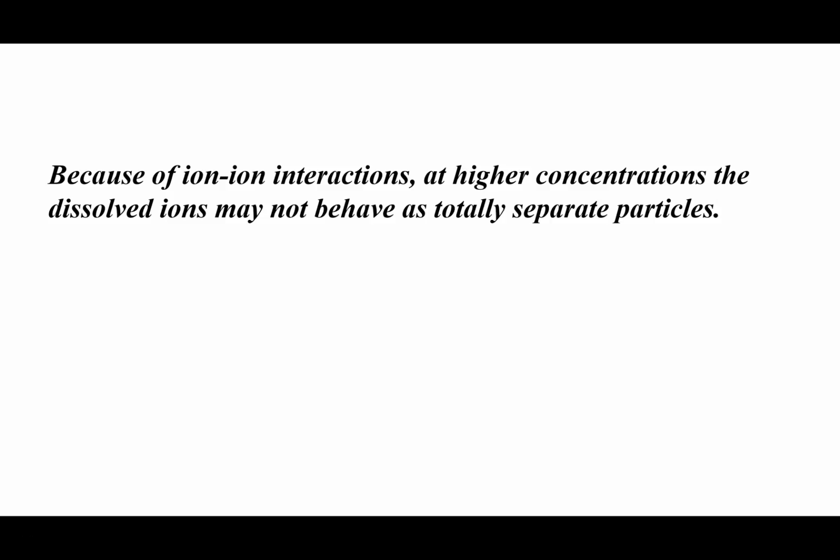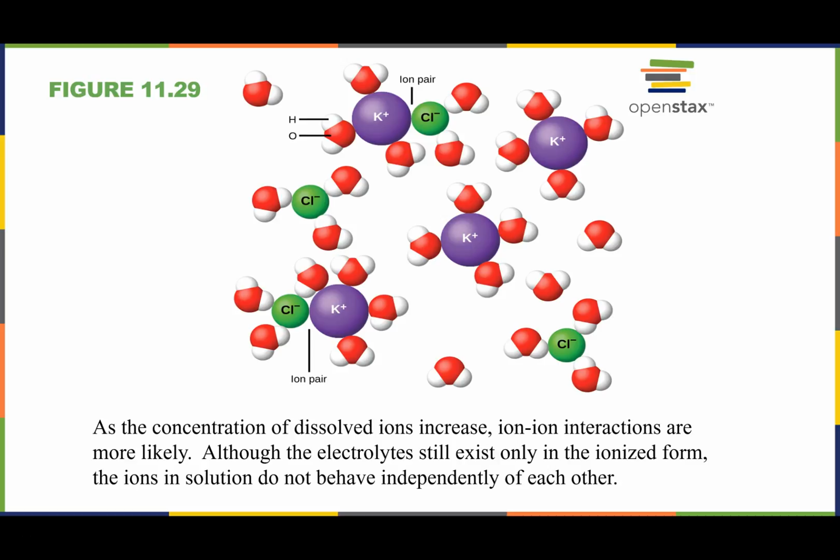So at higher concentrations, for instance, even though we have this potassium chloride solvated in solution, actually the potassium plus and the chloride find each other, and they blob together, basically, and it reduces effectiveness in being independent. And I have a slide to show you. We can see that with just not as an effective boiling point elevator or freezing point depressor.